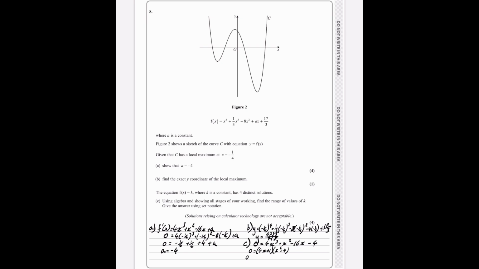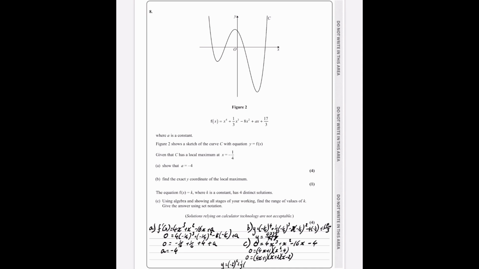Obviously there's 3 stationary points, so when I factorize our differential, equate it to 0, I'll get 3 points, but I'm looking at the 2 on the left hand side. So we already have the x is a negative a quarter, so the other one we want is when x is negative 2.